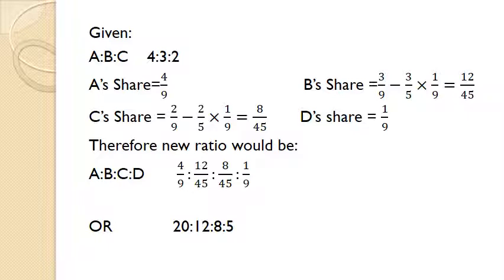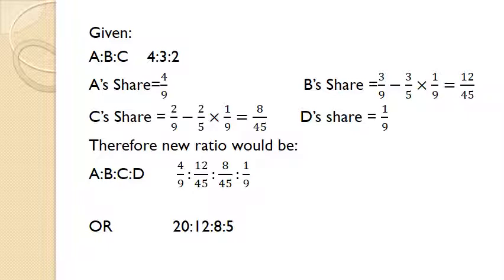Now see the share of B, how it can be calculated. When it is not given in a question the amount of contribution given by the old partners, then the share which they provide will be in their profit sharing ratio only.